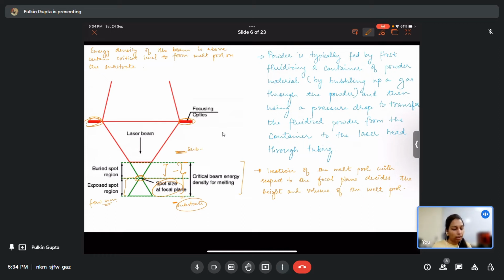It can be done by bubbling up a gas through the powder, which will enable the powder particles to loosen up and flow easily, and then they use a pressure drop to transfer the fluidized powder from the container to the laser head through the tubing. So when there is a pressure drop, the powder will automatically start to flow because of the pressure difference from the powder container to the laser head through the tubing which has been provided in the system.